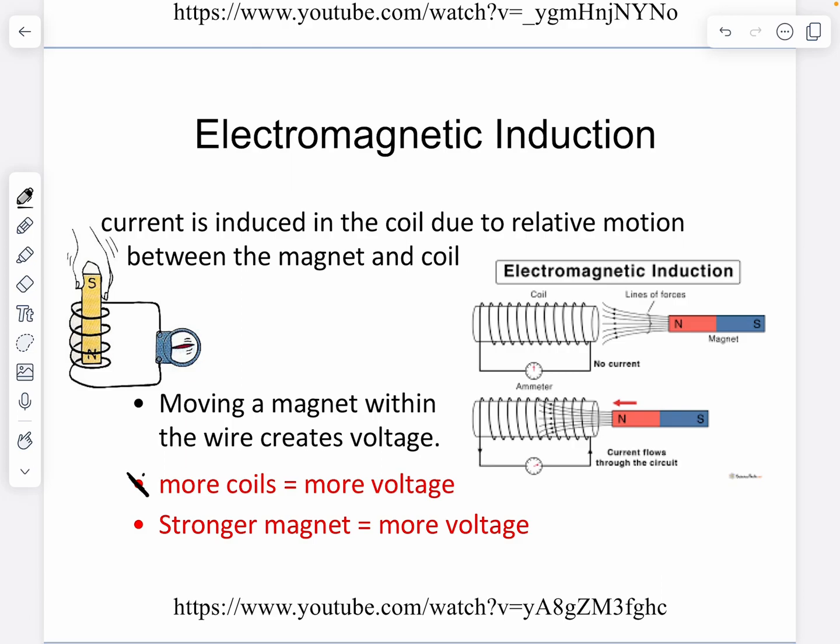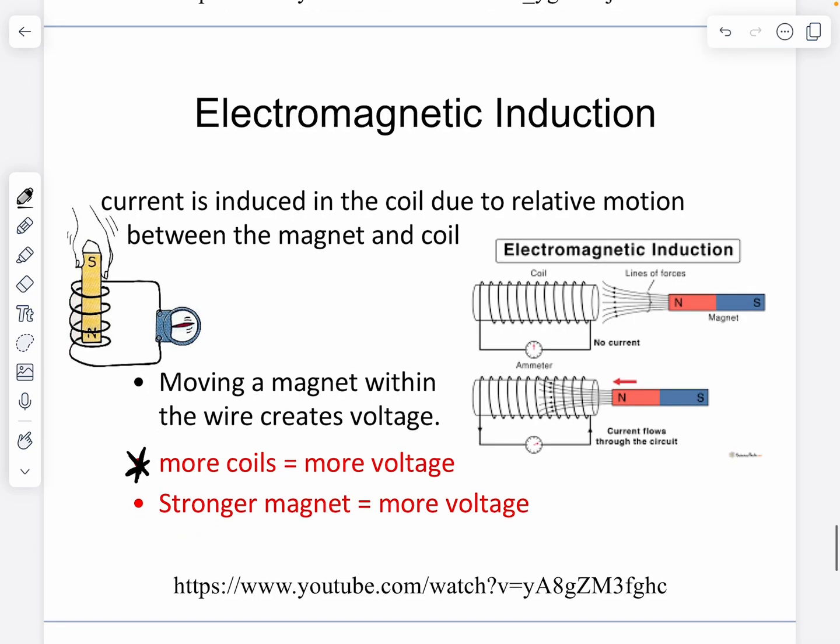We can also put more coils, just simply make that tunnel of wires include more wire. And that's just going to give you more electrons to move, increasing that electric current. Or you can use a stronger magnet, because the magnet is what is driving the movement of the electrons in the first place. So these are your two ways to create an electromagnet.